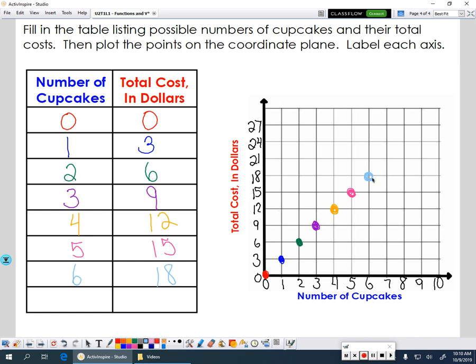And we'll do one more set here. We'll do 7 cupcakes is $21. So hopefully you can see that the cost is depending on how many cupcakes we buy.